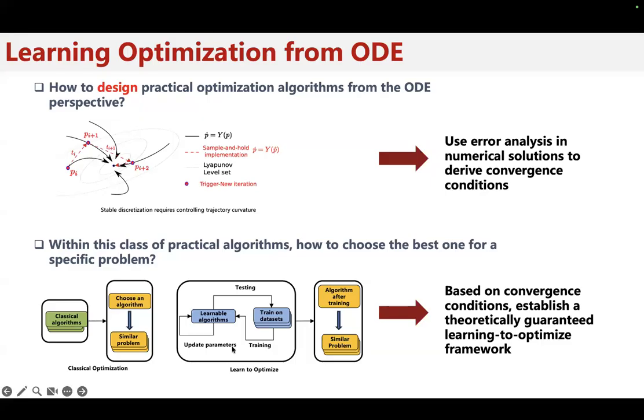Then the paradigm in machine learning is very encouraging. In machine learning we have training and then testing, right? For training, we can train a learnable algorithm and its parameters, and for given data we just pass the data to the model, and then we obtain the solution immediately.